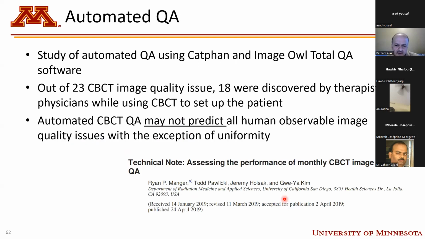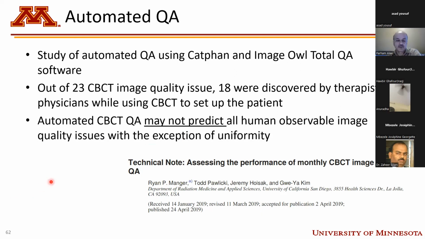When it comes to automatic QA, this is a paper published by a group from UCSD in 2019. They did automatic QA using, again, the same phantom, and they used a commercial product, ImageOwl total QA. They had 23 image quality issues, 18 of which were discovered by therapists. They concluded that automatic QA may not predict all the human observable image problems.